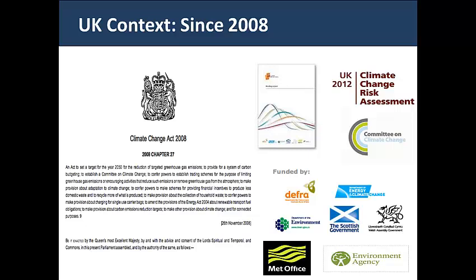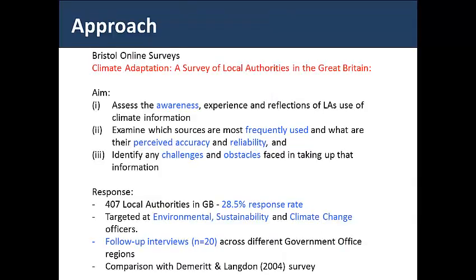In September we'll hopefully get the National Adaptation Plan, and there's a whole set of things moving on. We've had ICAD's functions moving to the Environment Agency, so there's been a whole set of different things moving around this arena. And the idea being that there's a whole set of capacity building that's gone on, or at least has been attempted to go on. So what we did was we sent out a survey to these local authorities.